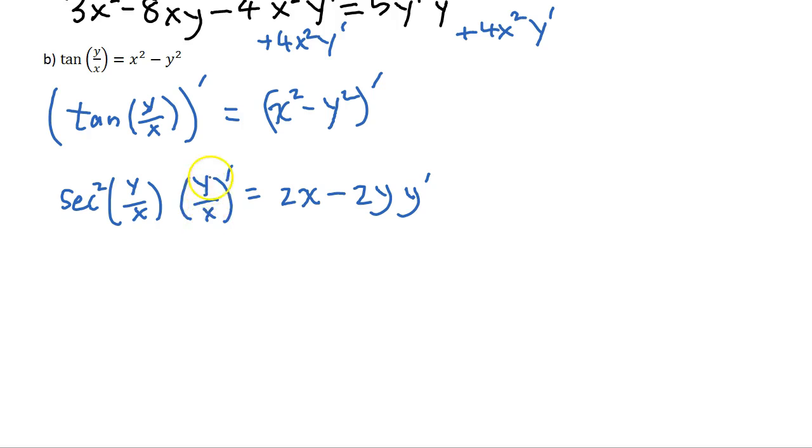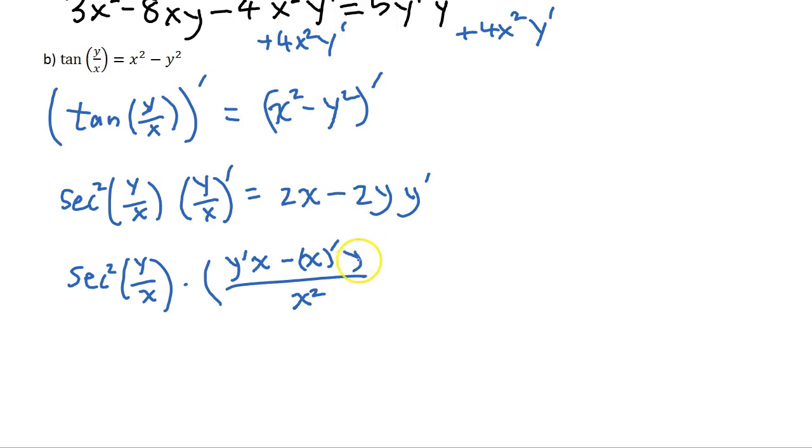So it's a ratio of two functions of x, which means we have to use the quotient rule. So let's use the quotient rule. Top prime times the bottom minus bottom prime times the top over the bottom squared equals 2x minus 2y y prime.